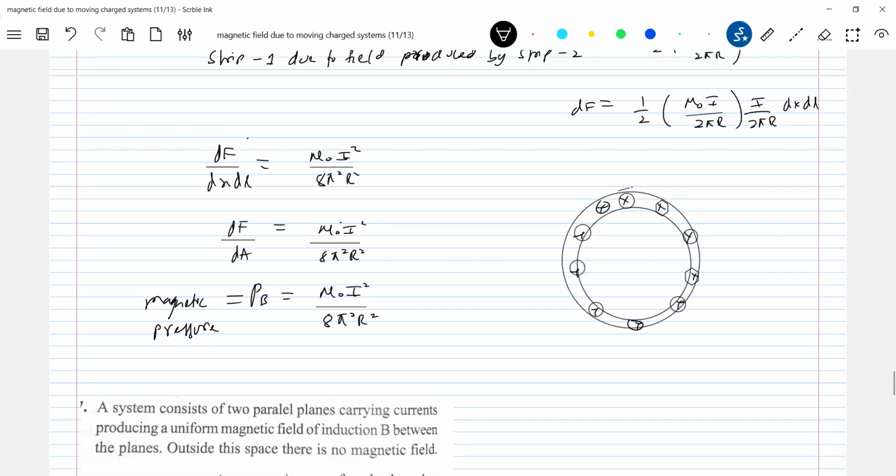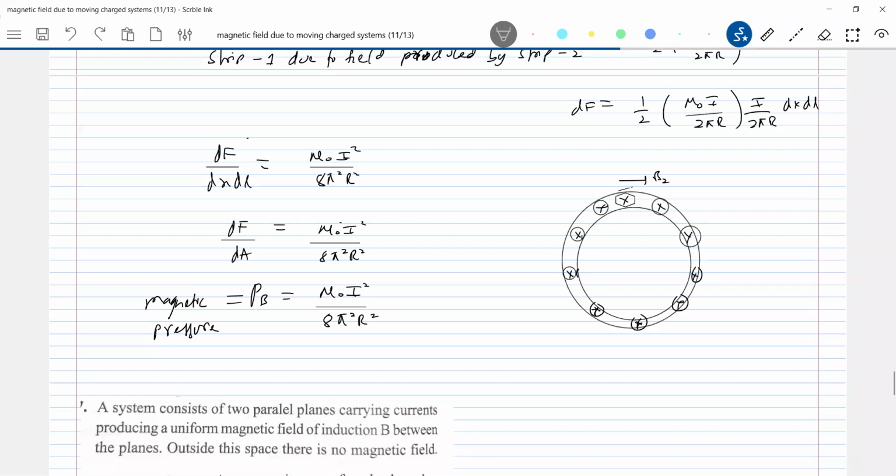There are only two options, radially inward or radially outward. B bar is tangential, no? Put B bar, put finger, pointing finger, that one, and middle finger, put it. When you twist your arm, that one, it will come radially here. So this will be dF like this. So everywhere the force will be like this.